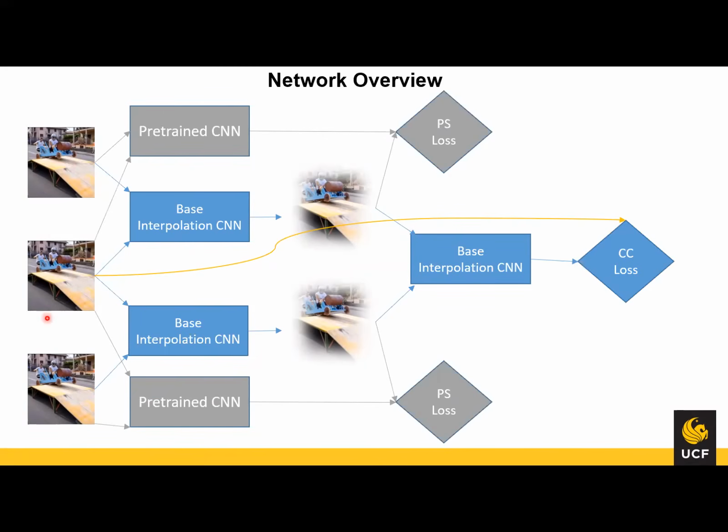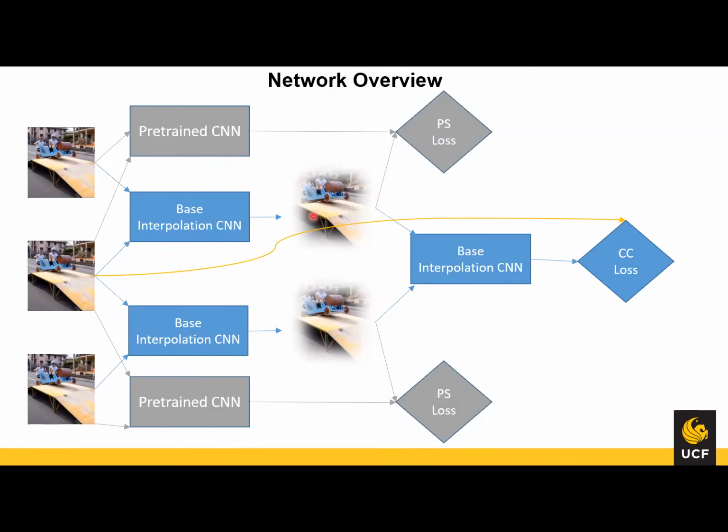So here's a high-level overview of the network that's being proposed. Here's our triplet images. Here's the first consecutive images. Here's the second consecutive images. We're passing the first consecutive images into our pre-trained network, and we're going to generate a pseudo loss from this set of images. Same, we're going to pass our first set of consecutive images into our base interpolation CNN.